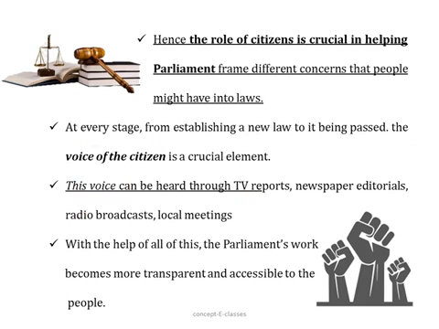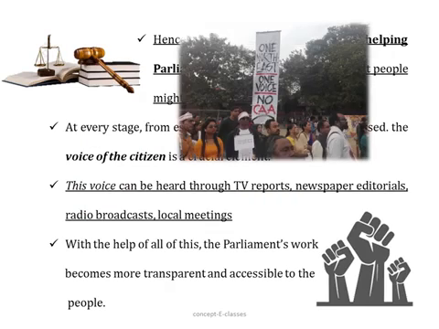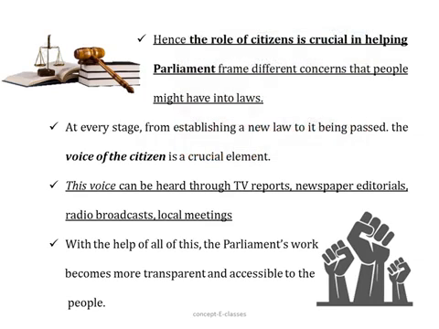It can be heard through TV reports, newspapers, editorials, radio broadcasts, local meetings, etc. We have seen how people raise their voice against a law, or when they need a law, through their protests and rallies. So with the help of all this, the parliament's work becomes more transparent and accessible to the people.